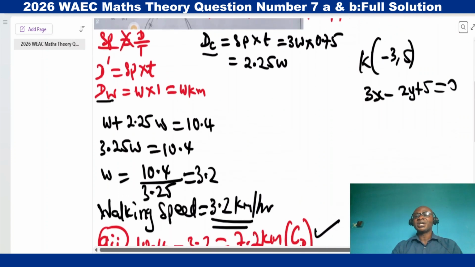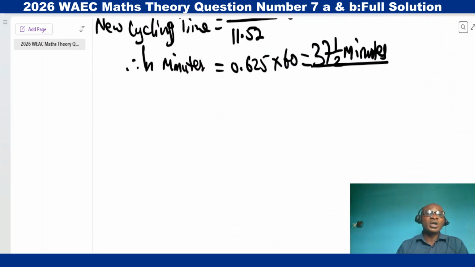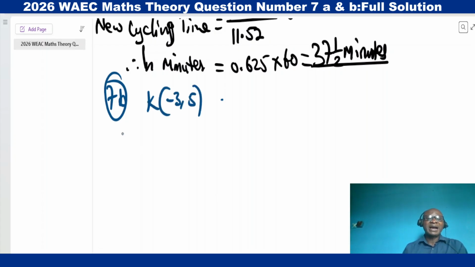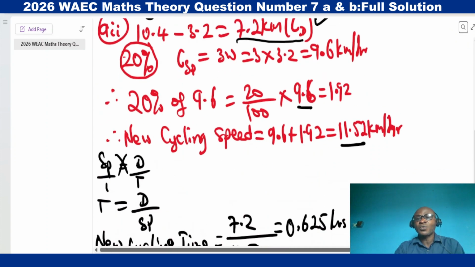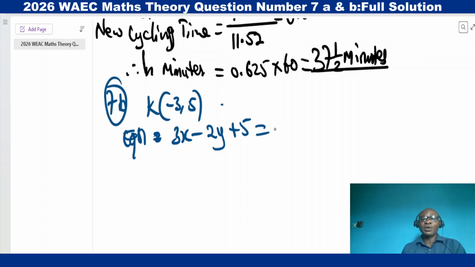When the coordinate K is -3,5, and the equation given to me is 3x minus 2y plus 5 equal to 0, we should find the equation of L.